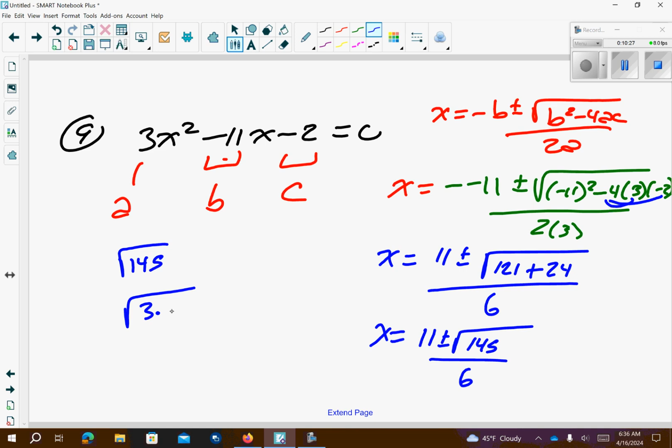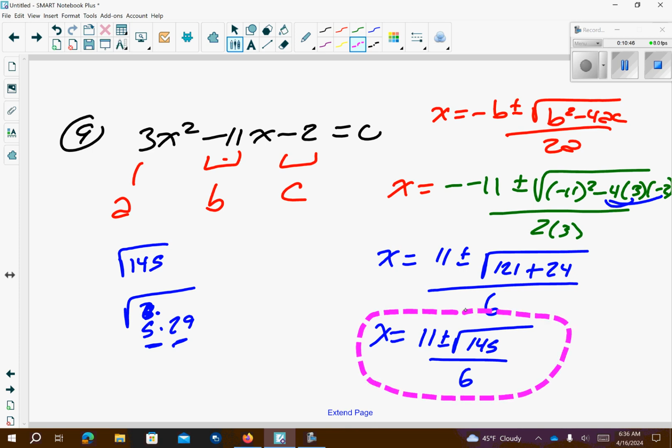Nope, 3 doesn't work. 145 divided by 5, oops, it's 29. So this breaks down to 5 and 29. Those aren't going to work, you know? Our answer won't reduce. This is our answer. 11 plus or minus square root 145 over 6. Just leave it just like that.